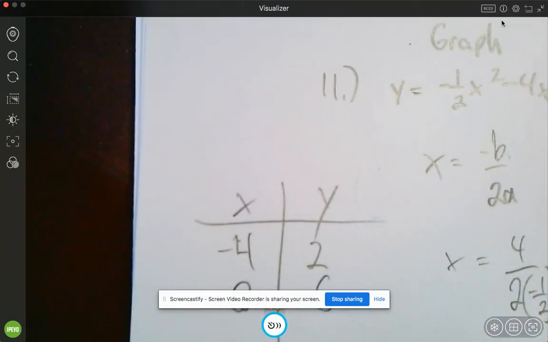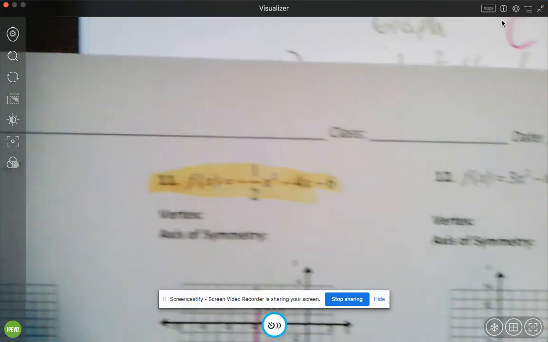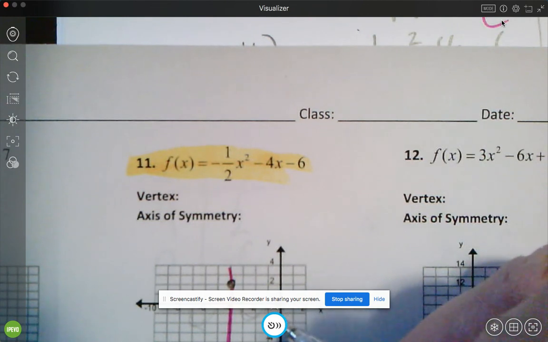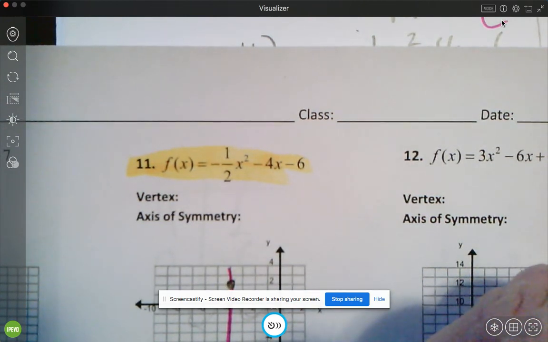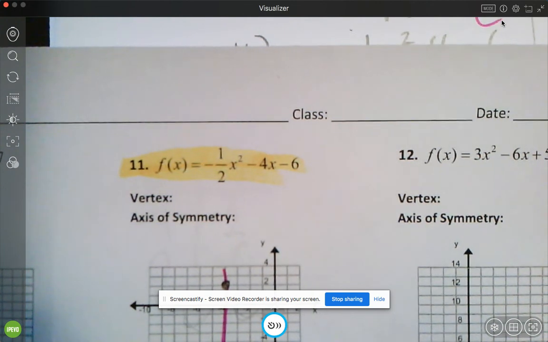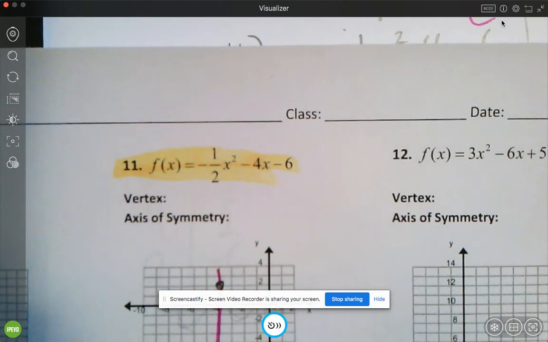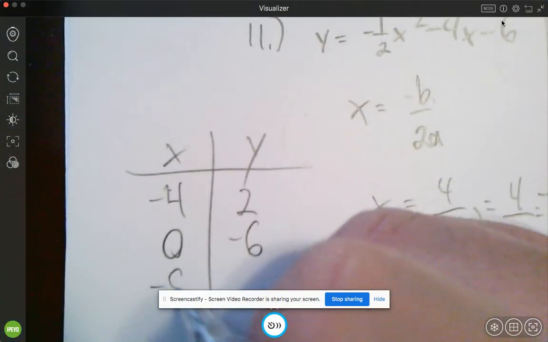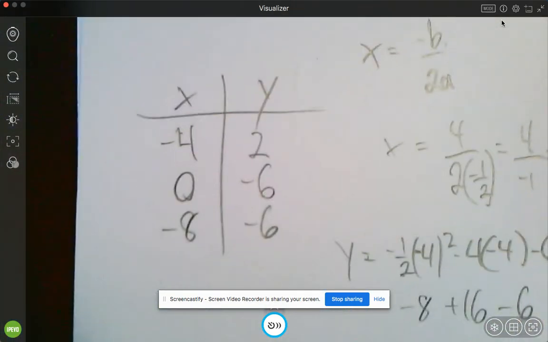Let's make sure I get that. So here, and then I'm going to go here. 1, 2, 3, 4, 5, 6. Put a dot. How many over to my line? 1, 2, 3, 4. 1, 2, 3, 4. -8, -6. Put that in my table. -8, -6. Okay.